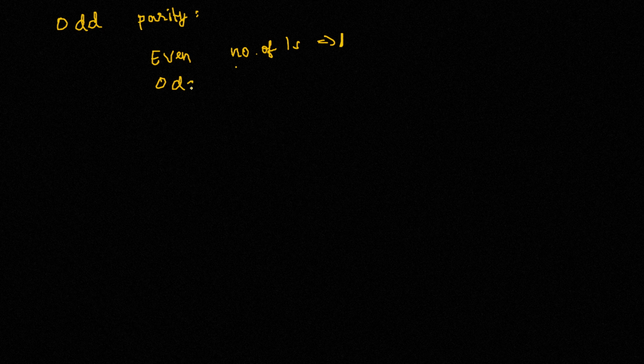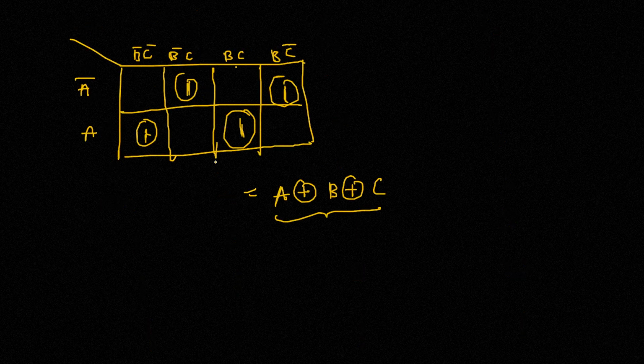So the next thing is odd parity. So in odd parity, if there are an even number of ones, you denote it with 1, and an odd number of ones is denoted with 0. Right.